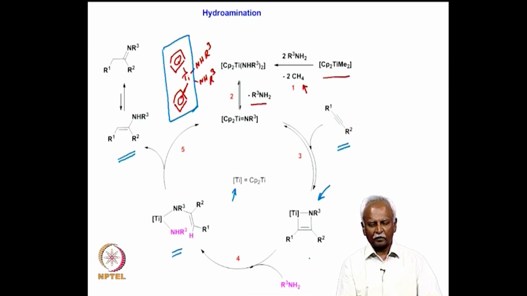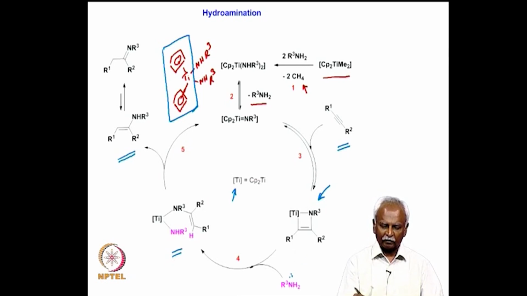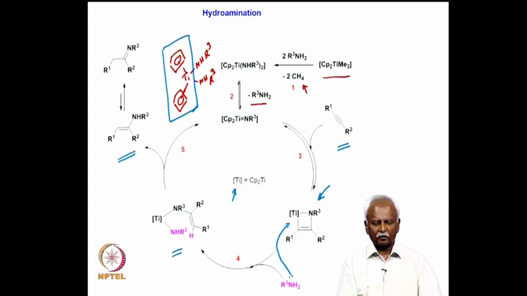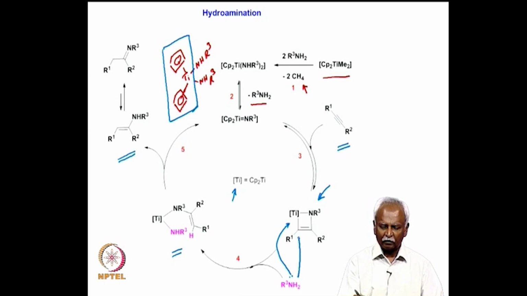So, you will notice here that if this R3NH2 reacts with this titanium, I can indicate this as follows. Then I would have hydrogen adding on here, one hydrogen from this amine adds on here, and the nitrogen adds on to the titanium.